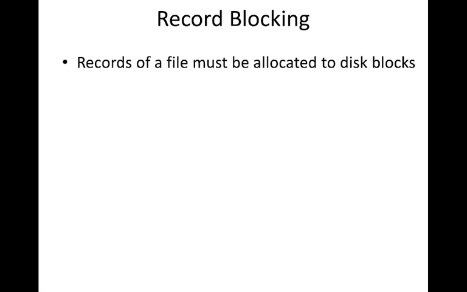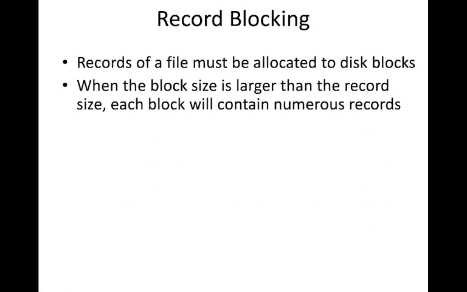Now we will see what record blocking is. Records of a file must be allocated to disk blocks. So we have to store these records in the disk blocks of the secondary disk. When the block size is larger than the record size, each block will contain numerous records. We will divide the disk into several blocks, maybe 1000 blocks.